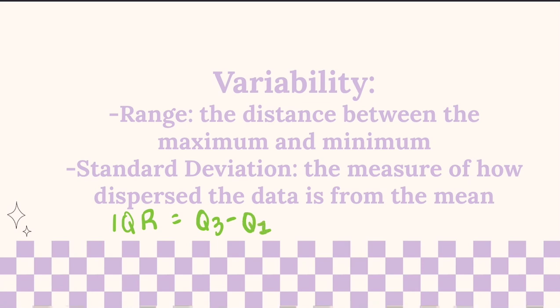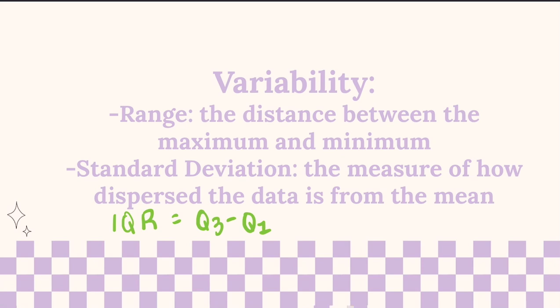The standard deviation is the measure of how dispersed the data is from the mean. Usually, most statisticians will use standard deviation instead of range and IQR, but there might be some cases where you use range and IQR. If you're using range, then you're using IQR as well, so you should be using both.